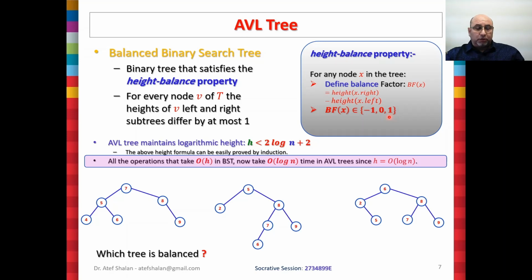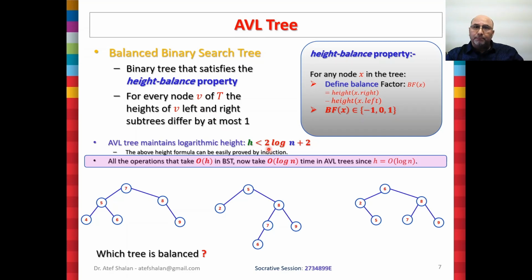Therefore, it will not allow the tree to have, for example, one branch way higher than the other branch of the tree. It will maintain the difference between the height of the right side and the left side of the tree.